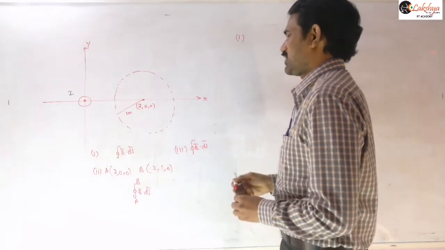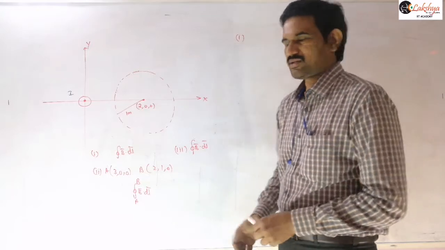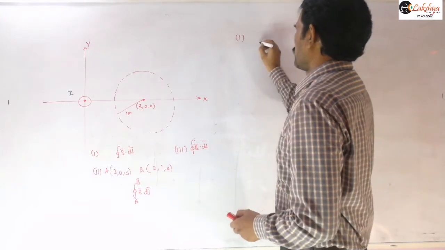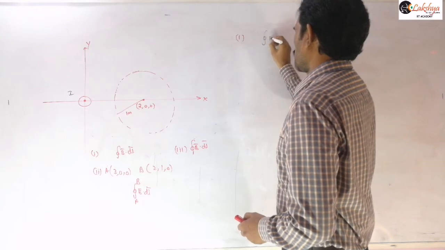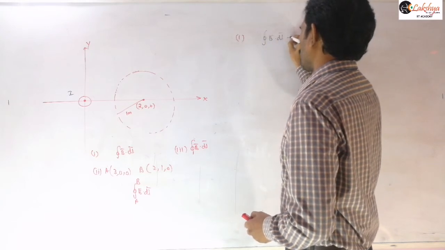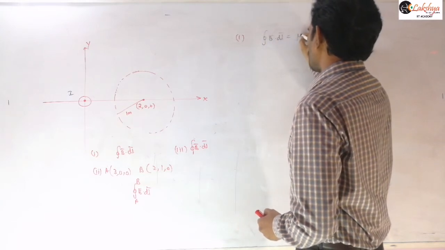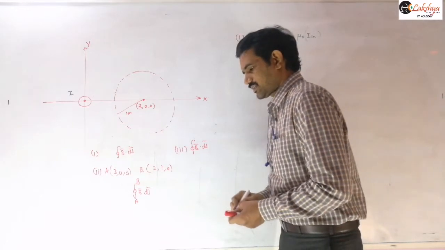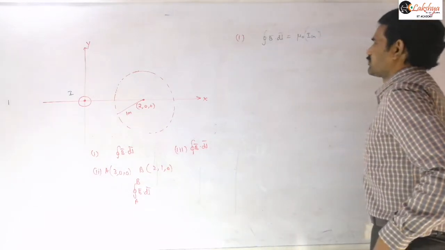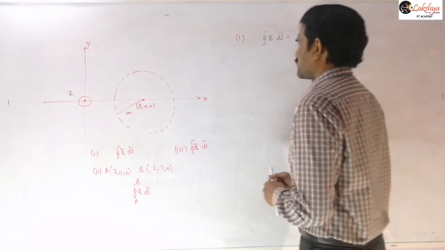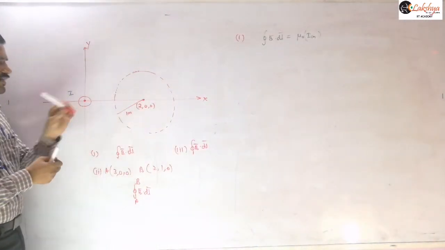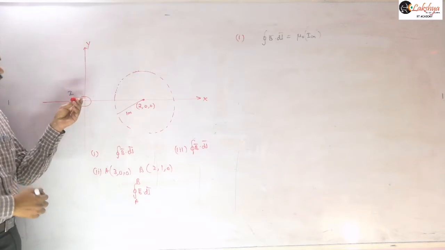The first question is just a theoretical question. No calculation is required for that. The integral of B bar dot dl bar is equal to mu naught times I enclosed, that is the net current required. Here our current carrying conductor carries the current along the axis.